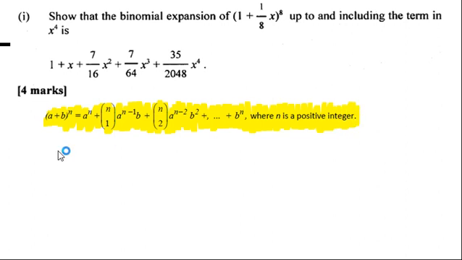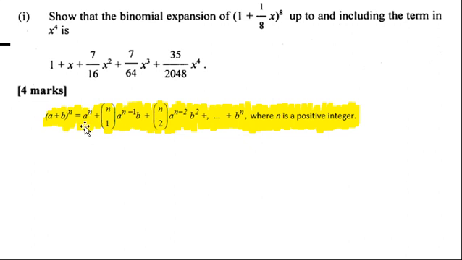So here we have a plus b raised to the nth power being equal to a to the n plus, we know this notation means nC1 times a to the n minus 1 times b plus nC2 a to the n minus 2 times b squared plus dot dot dot all the way up to plus b to the n. Now you can see the pattern. The pattern is nC0, nC1, nC2, nC3, and so on, up to nCn.